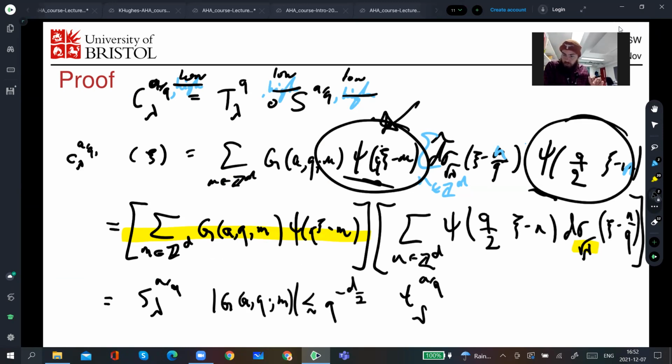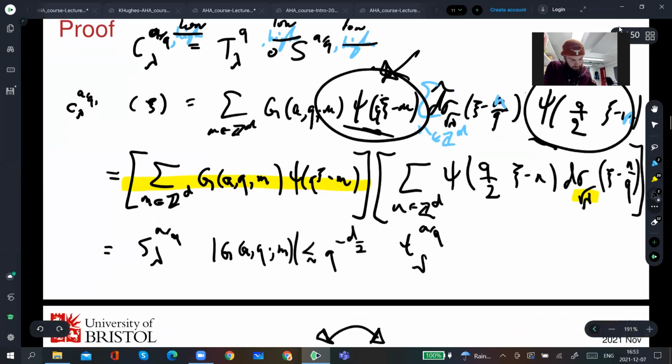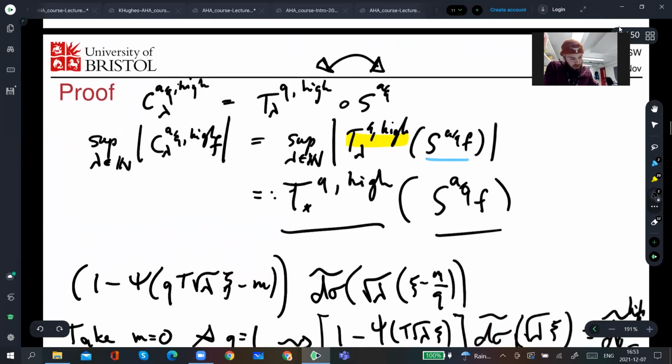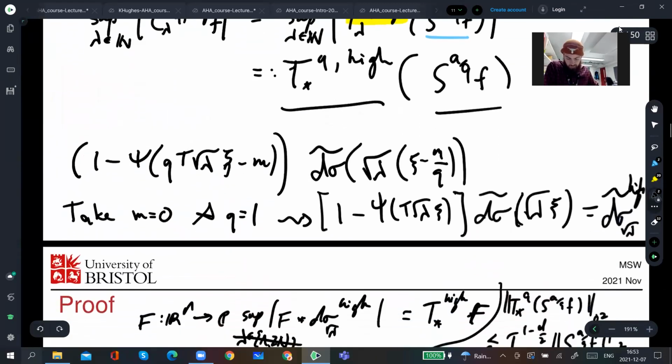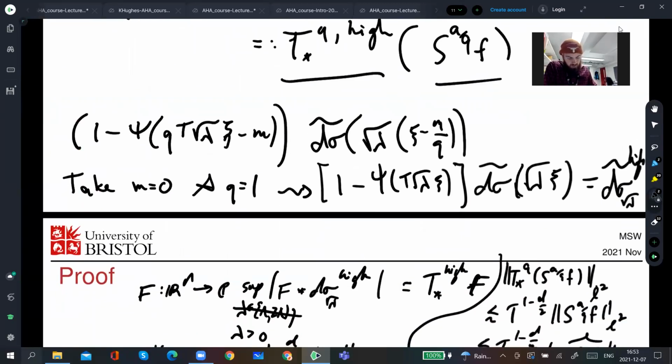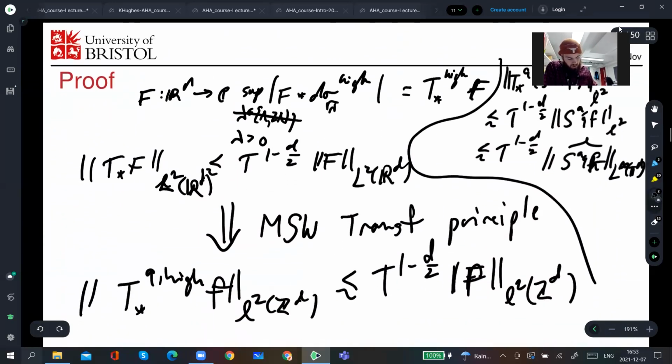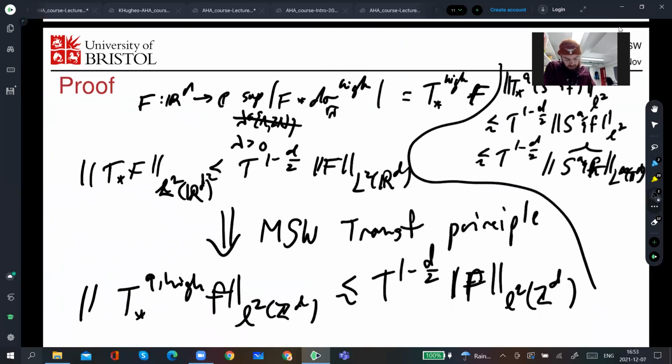Okay. Oh, I have made a huge fib. The Magyar-Stein-Wainger transference principle applies slightly differently because I have this factor of Q that does appear in here with the transference. It actually implies that this is a Q times T to the 1 minus D over 2.